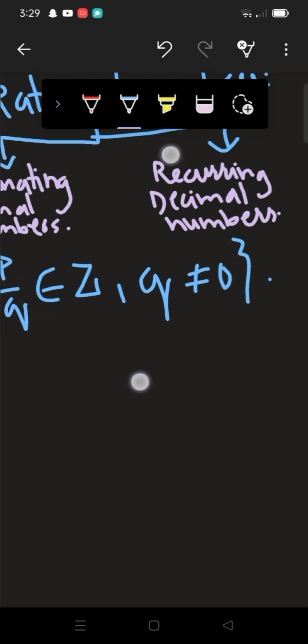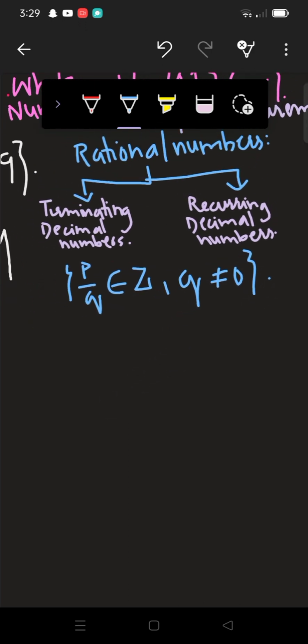Just because if q will be equal to 0, this will go to infinity, and we don't have to take our answer to infinity. And if p will be 0, it will give us the number 0 again, and 0 belongs to rational numbers. So p upon q, p and q belong to integers, however q is not equal to 0.